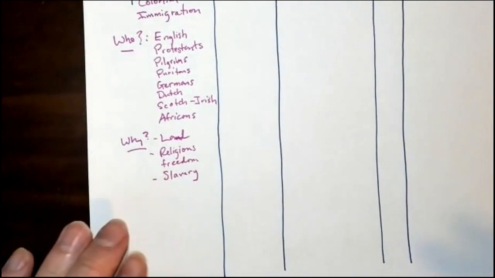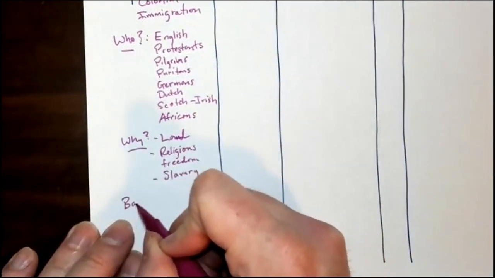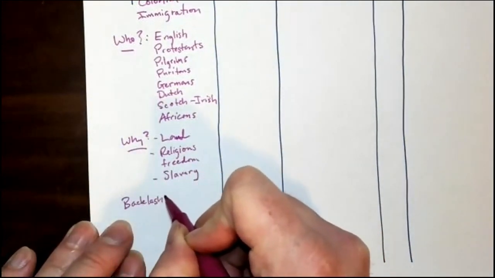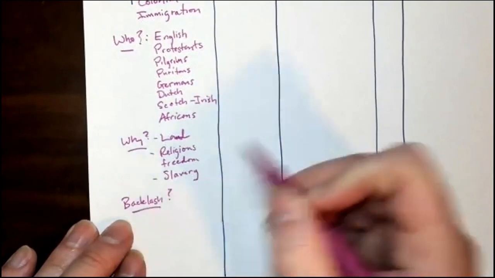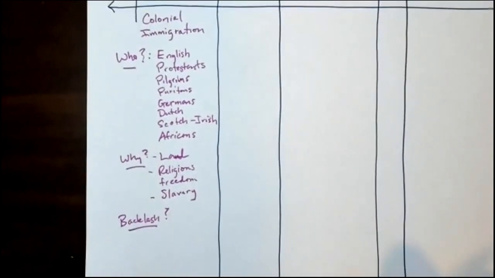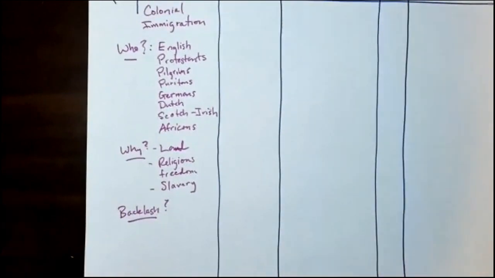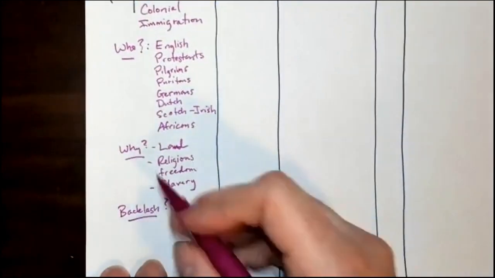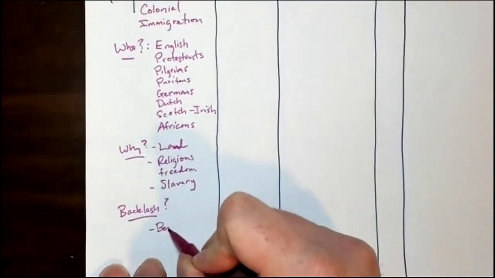Now, is there a backlash during this time period? Well, it turns out every single one of these eras has a backlash. Now, during this time period, there wasn't a major backlash, but there were some examples. A good example, I know this is going to sound weird, is Ben Franklin.